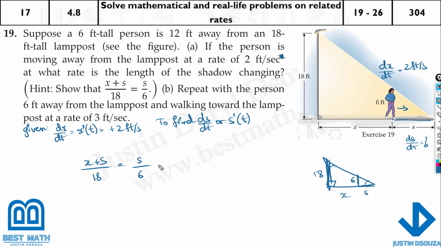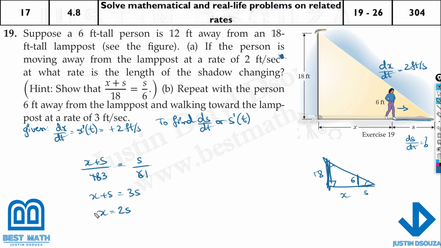Now we simplify 6 one time and 3 times, and multiply this 3 to the other side. It'll be x plus s equals 3 times s. Take this s to the other side, and x is equal to 3s minus s, which is 2s.